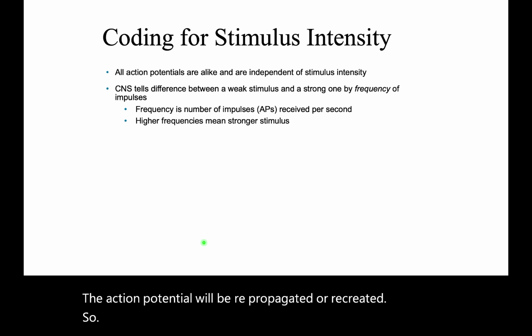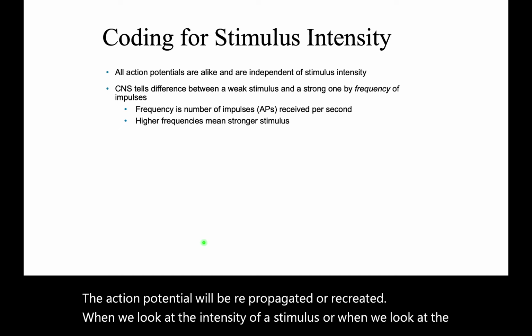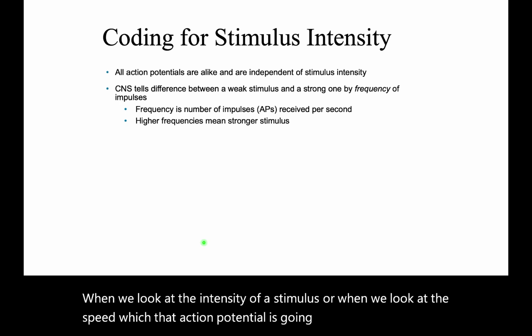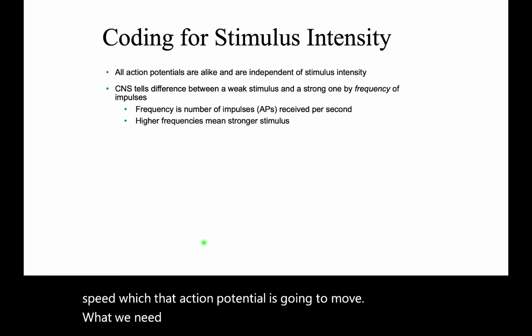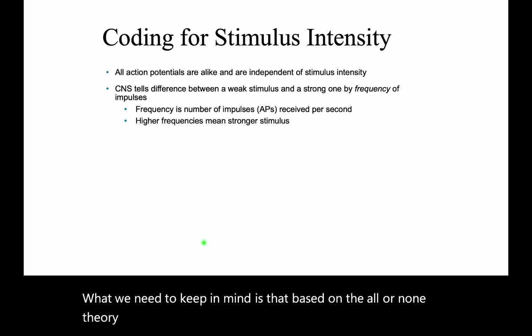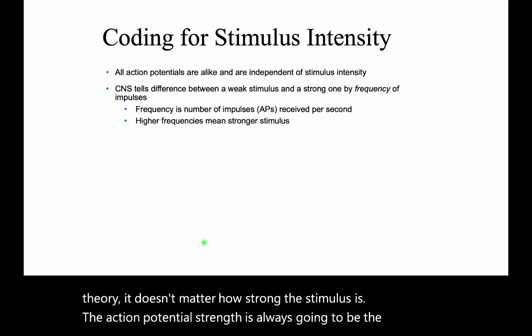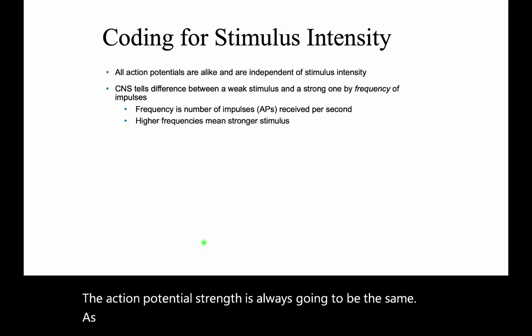So when we look at the intensity of a stimulus, or the speed at which that action potential is going to move, what we need to keep in mind is that based on the all or none theory, it doesn't matter how strong the stimulus is, the action potential strength is always going to be the same. As long as the stimulus is intense enough to meet threshold, everything else is going to move.